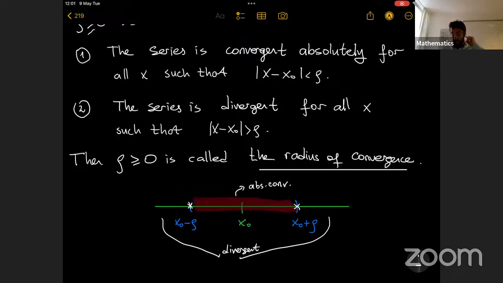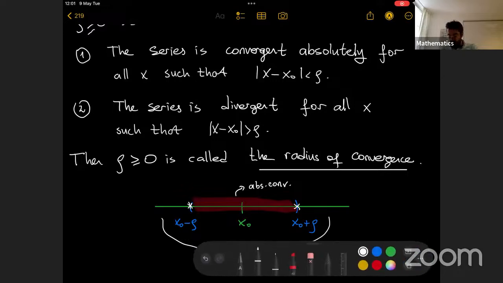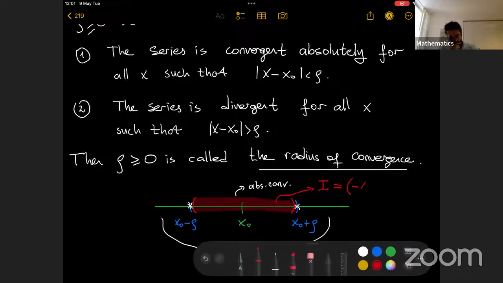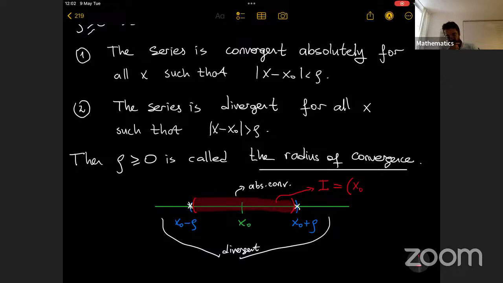Okay. And this interval is called the interval of convergence. This interval I is x between x0 minus rho and x0 plus rho. Depending on the endpoints, you may include or exclude them. So sometimes we have this.